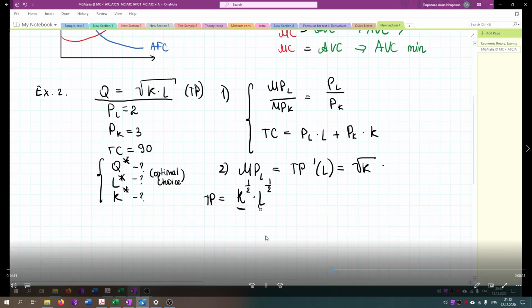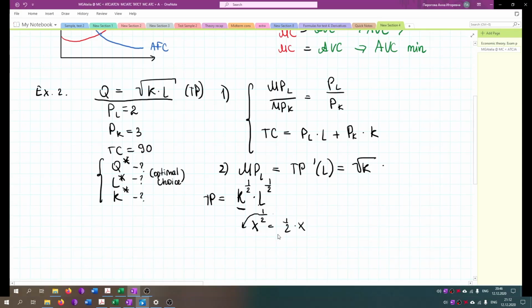And what happens to labor, which is variable in this case? As you remember, we have something like x to the power of 1/2, and the derivative of this is 1/2 because we take this power down, and the power of x will be 1/2 minus 1.